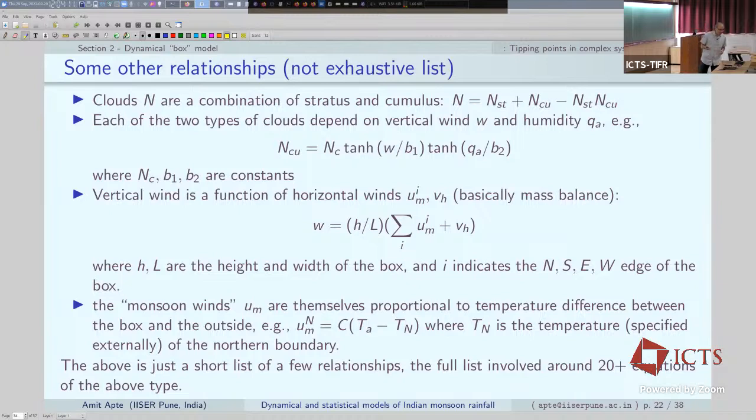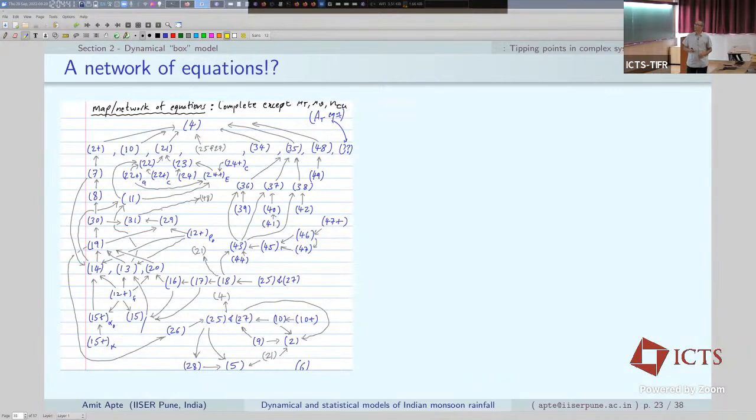So that's why this hasn't come to a stage where it is a minimal but still useful model that can be used to understand the behavior of monsoon as a function of various parameters that relate to climate change eventually. I don't even want to list the number of parameters here. It's of the order of about 50 or 60. It's too large a number of parameters to do anything with at all. There's just no way.